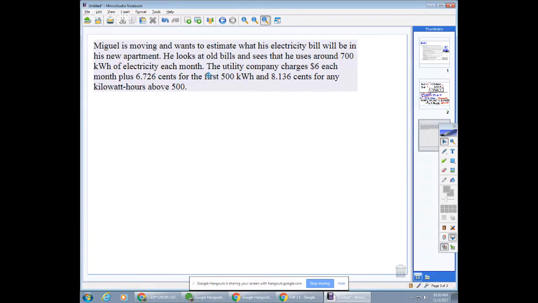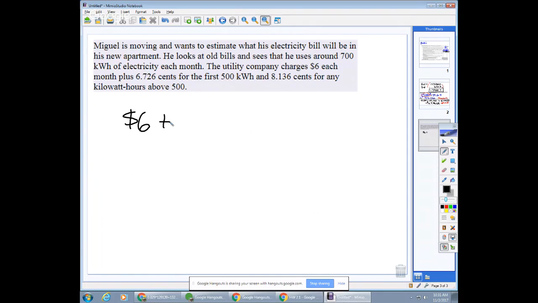And then we'll plug in his number into it and see what happens. All right. So no matter what, somebody has to pay $6. And then we have to add some stuff on. So for the first 500 watts, they have to pay 6 cents.